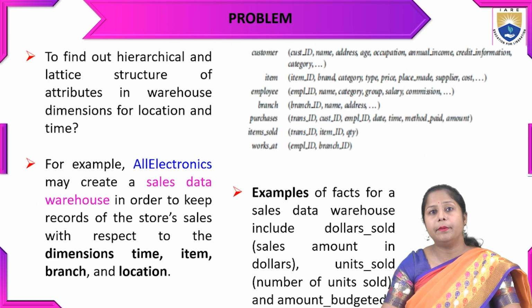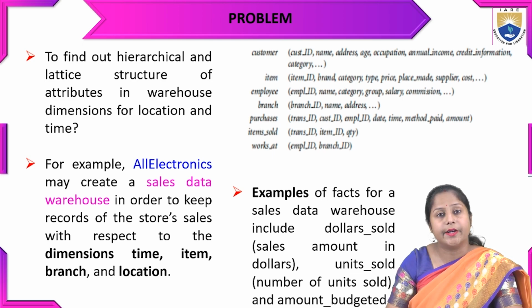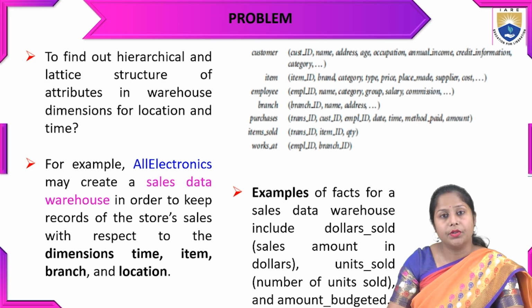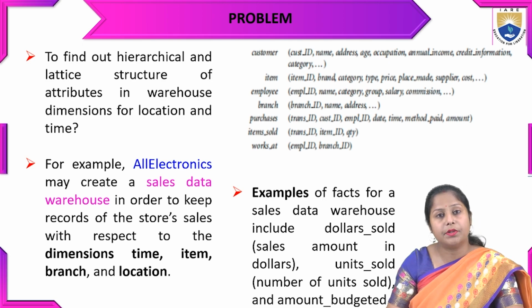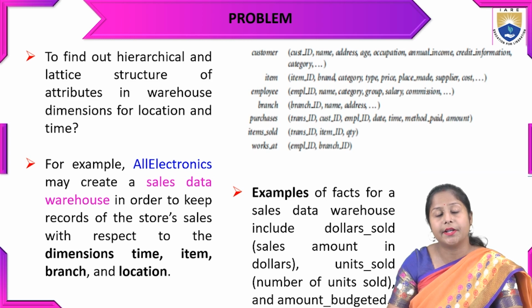Now, the problem is that we have to find the hierarchical and lattice structure of the attributes. What attributes are there for a particular dimension? For that we have to find the lattice structure as well as the hierarchical structure, called a concept hierarchy.